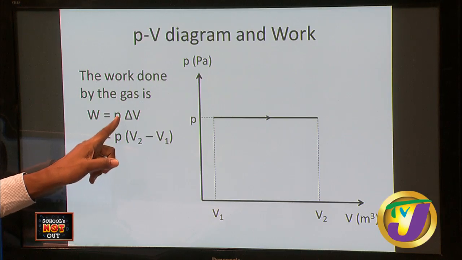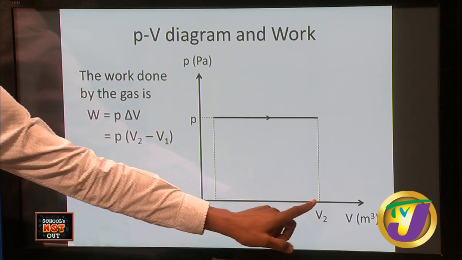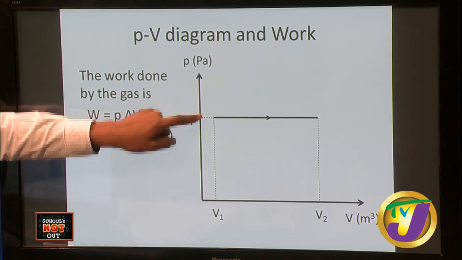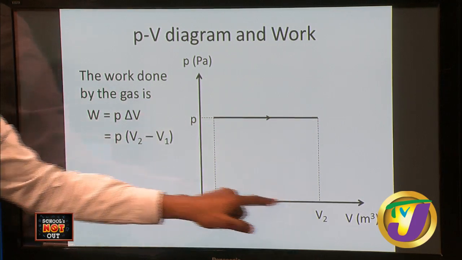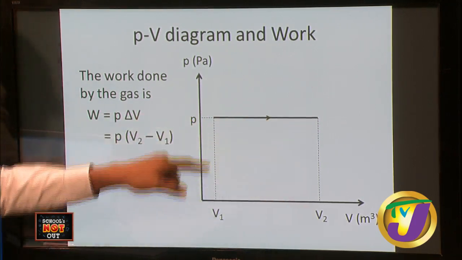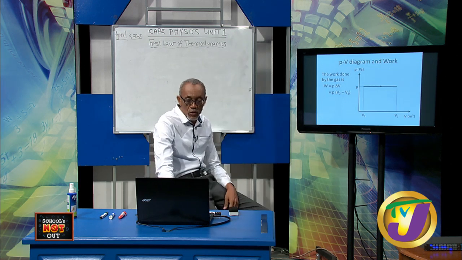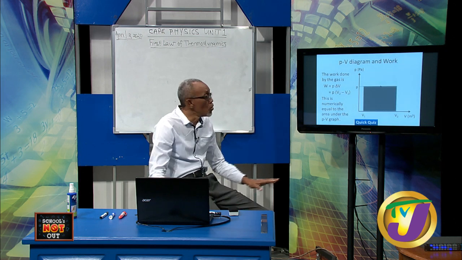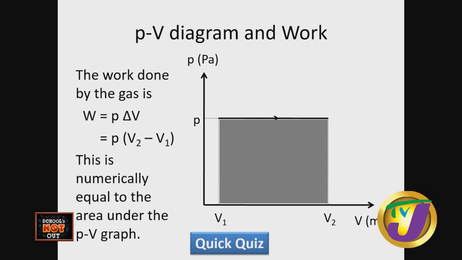Remember we had established this already. But delta V would be V2 minus V1, so the work done will be P times (V2 minus V1), which would be the area under the graph. So this is numerically equal to the area under the PV graph.